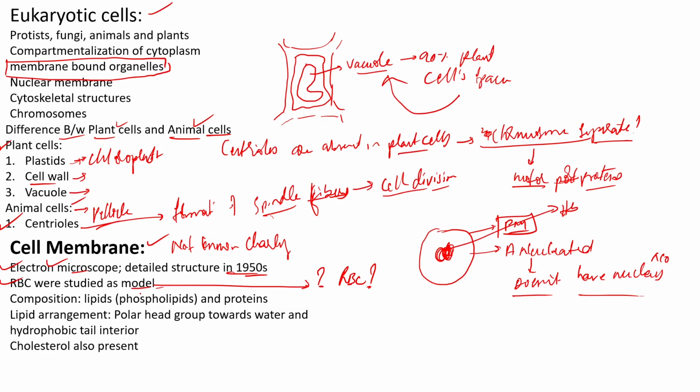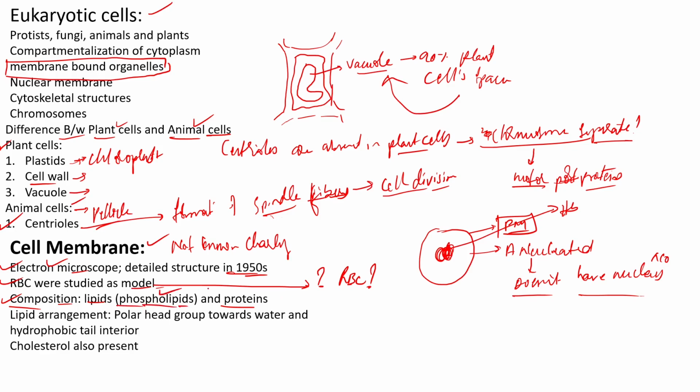Now, during the study and analysis of the plasma membrane, scientists noticed that it is chemically complex, and it is mainly composed of two important molecules, that is lipids, and proteins.